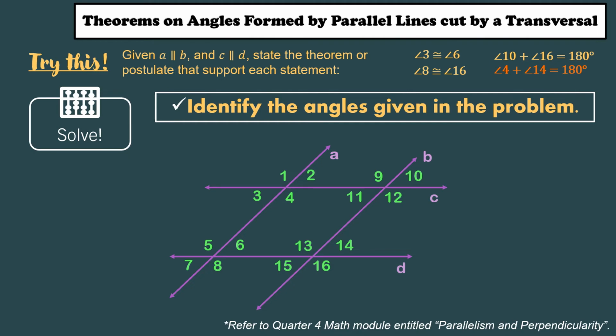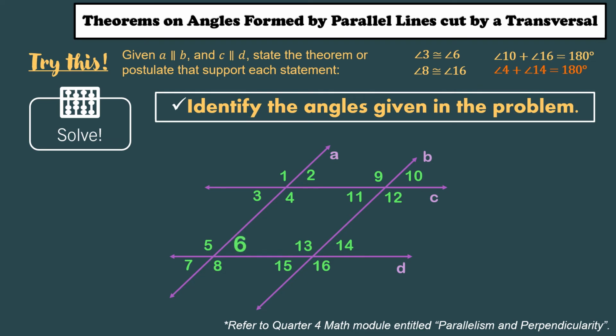Lastly, to prove that the sum of the measures of angles 4 and 14 is equal to 180 degrees, we classify them. Angles 4 and 14 are angles formed by parallel lines C and D but are cut by different transversals. However, if we take angle 14 to the group of angles where angle 4 is located, we find that angle 14 has the same location as angle 6.